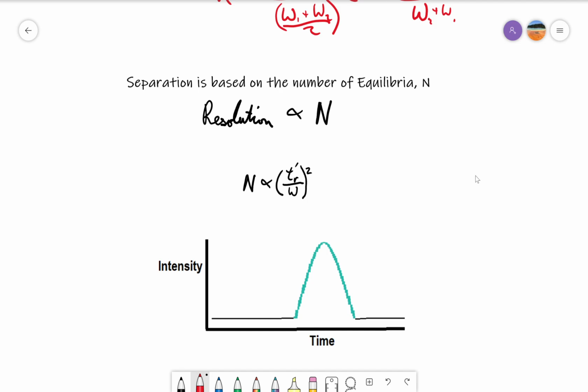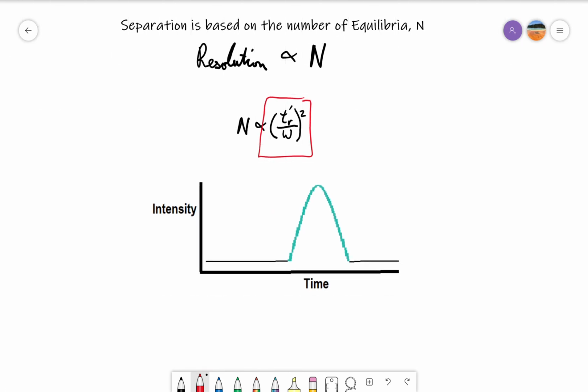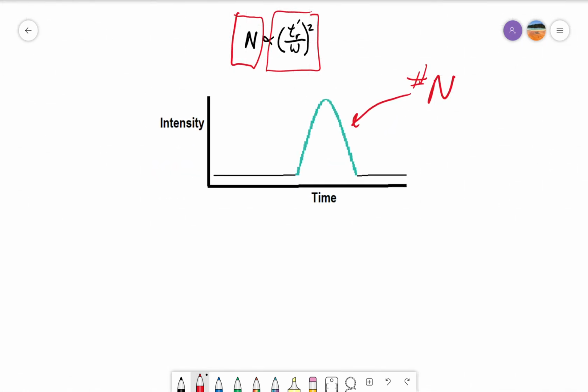Since the resolution is proportional to the time divided by W, that's going to be directly proportional to n, we can actually discuss the number of equilibria that must have existed in order to create that particular peak.